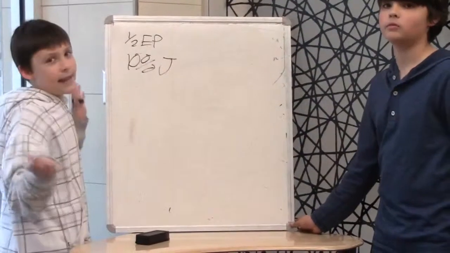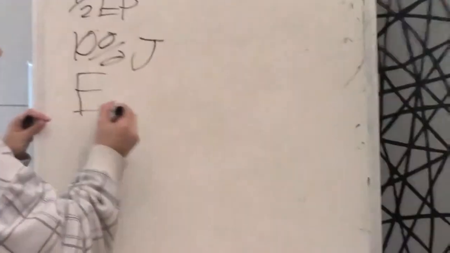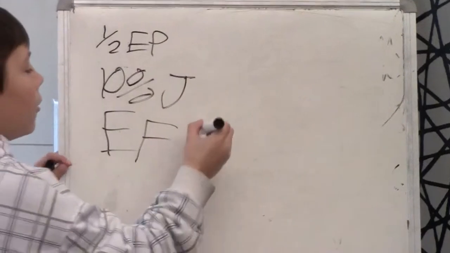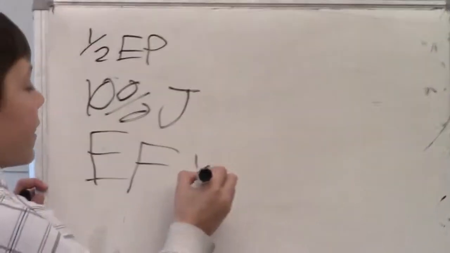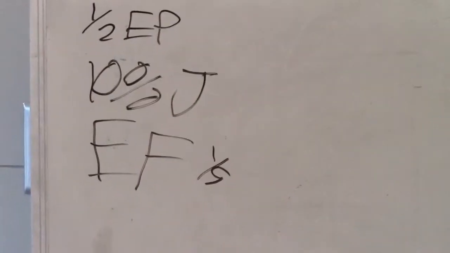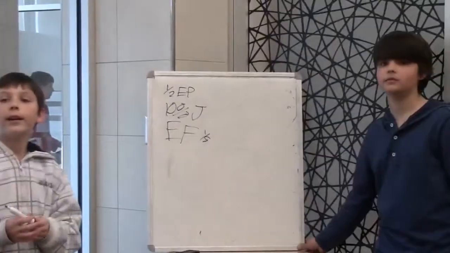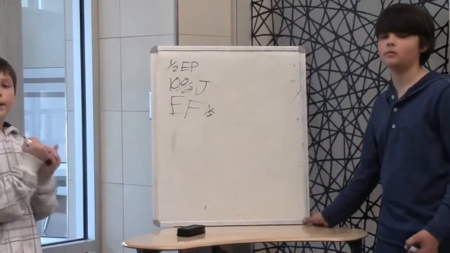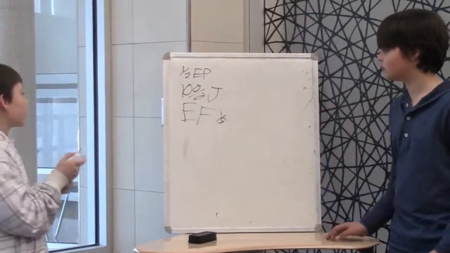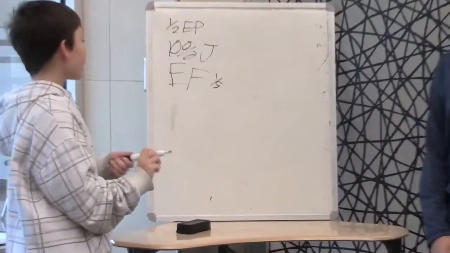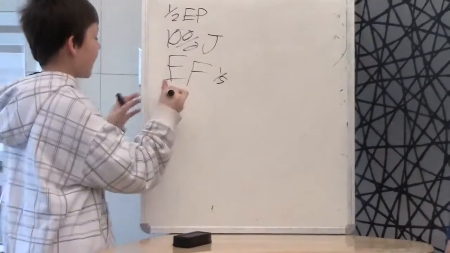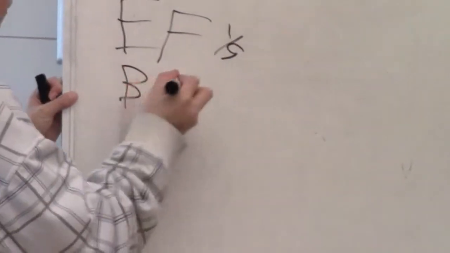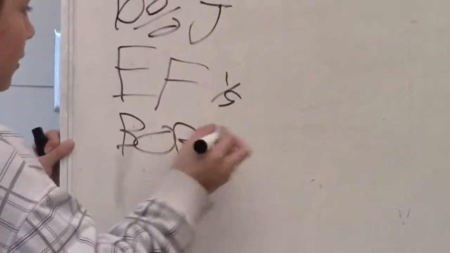And like I said earlier, Evan F scored only 1/5. And Bob scored 20%.